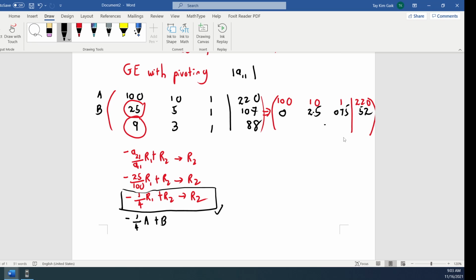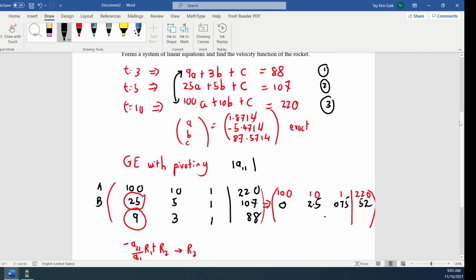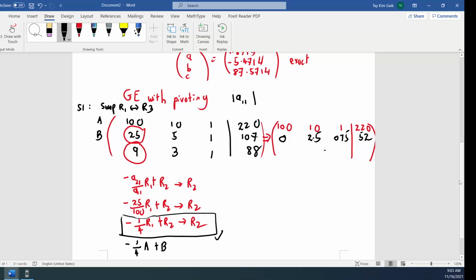Okay, now you want to eliminate A31. The result: the step 1 is swap row 1 with row 3, and then step 2 is the changes on your row 2. Then your step 3, the formula is negative A31 divide A11 multiply row 1 plus row 3 put into row 3.